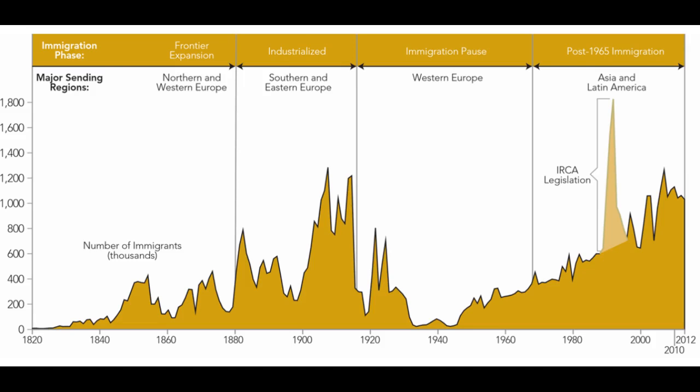Then during the industrialized period, you had more Southern and Eastern Europeans also coming. Then you saw this retraction or immigration pause, where still the major countries of origin were in Western Europe. And then really in the post-1965 situation, you've seen much more diversification of migration and especially more immigration from Latin America and more immigration overall.